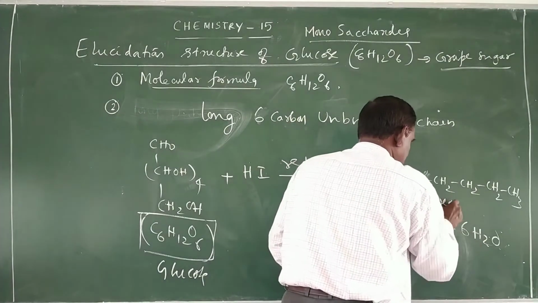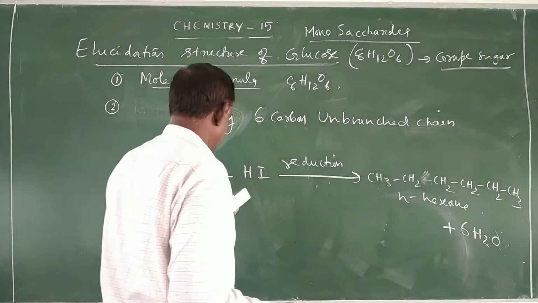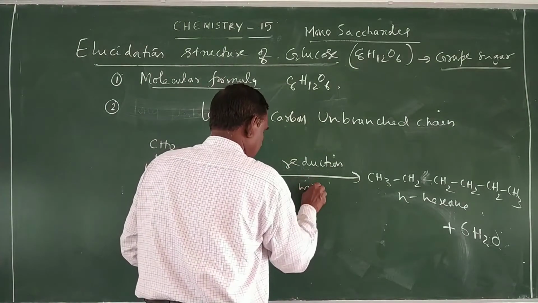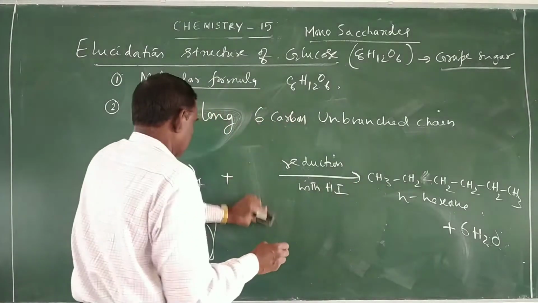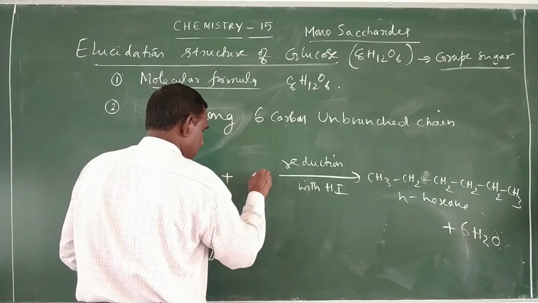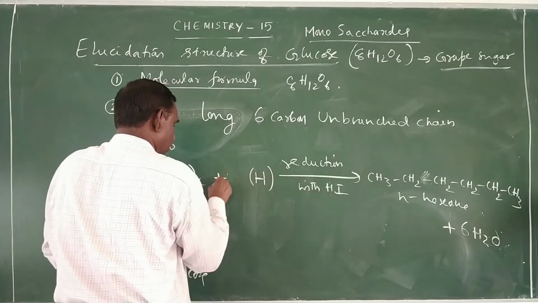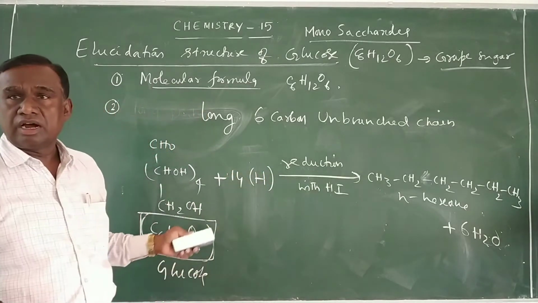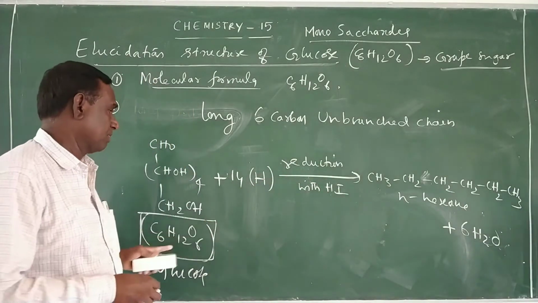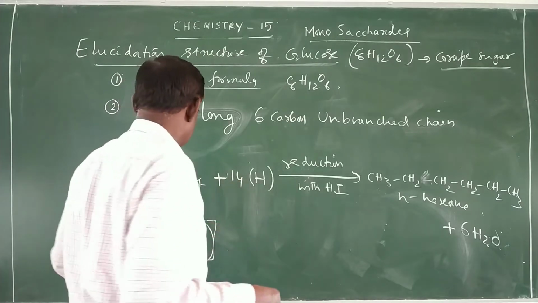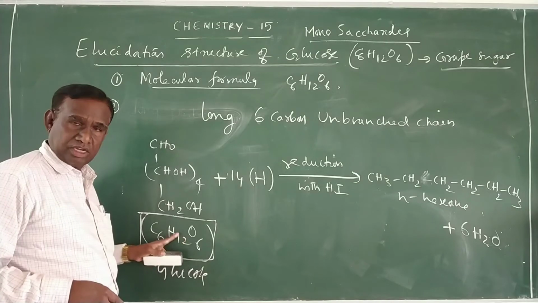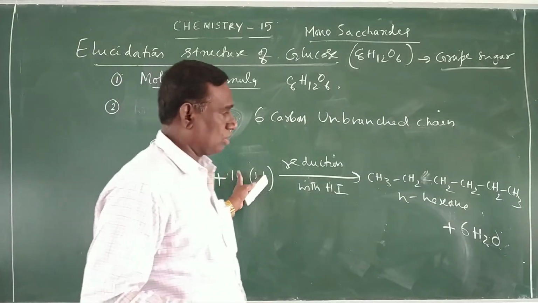Let me write hydrogen iodide here: reduction with hydrogen iodide. When it is heated with hydrogen iodide, we get hydrogen atoms. I am going to take 14 hydrogen atoms from the HI. Glucose has 12 hydrogen atoms, and 12 plus 2 is 14.